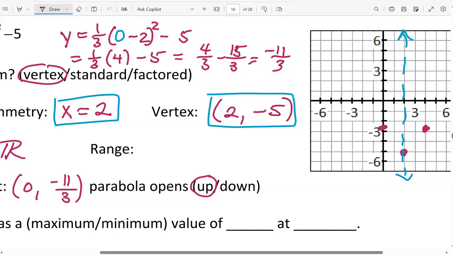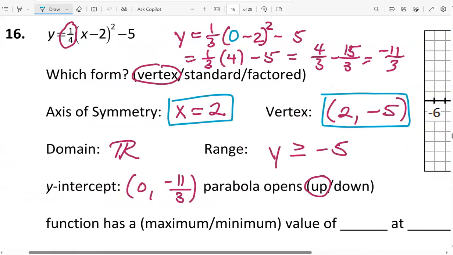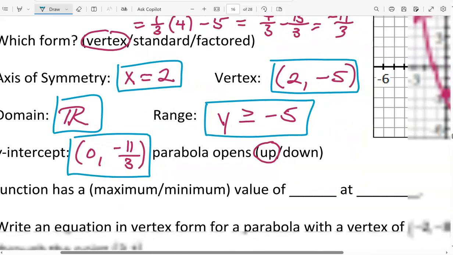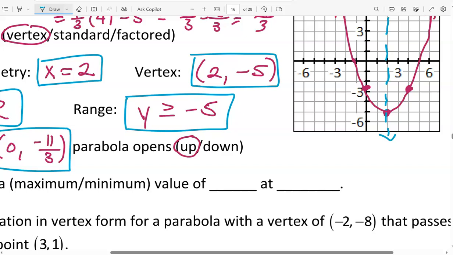That's a reflection of that y-intercept, and that should give us a fairly good representation of what this parabola looks like. And that also tells us a little bit about our range. There is a minimum y value of -5, so all y values must be greater than or equal to -5. And one last thing that we need to insert here, there is a minimum value of -5, and that occurs at x equals 2.